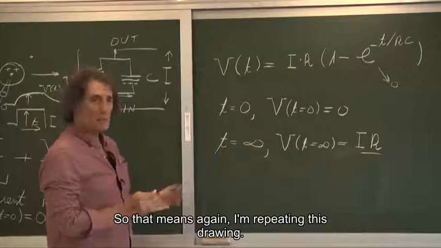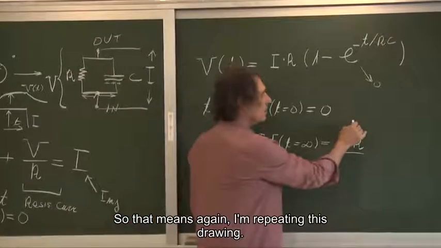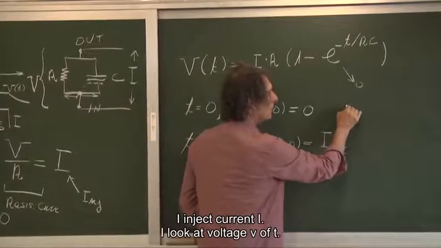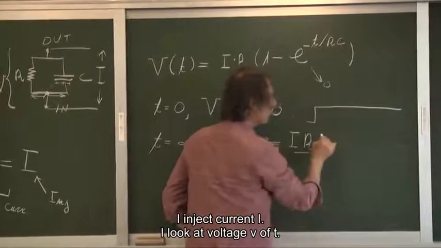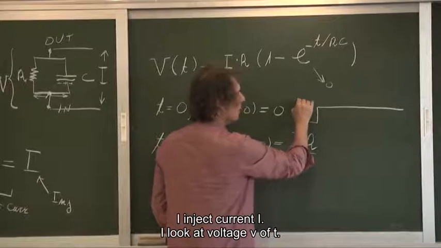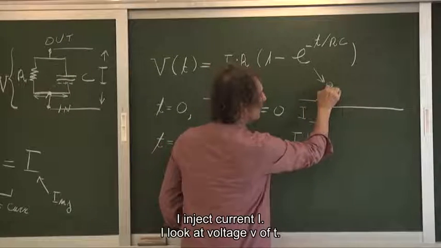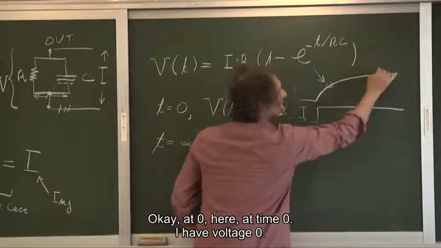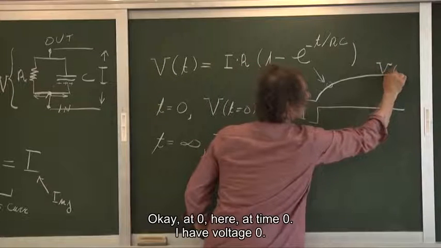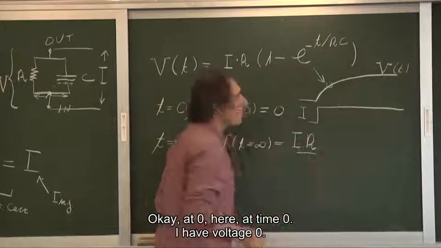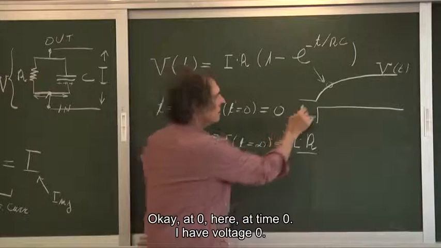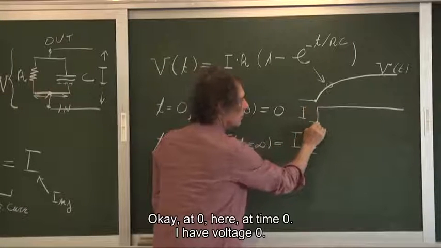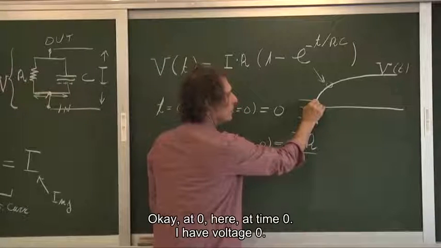So again, I'm repeating this drawing. I inject current I and look at voltage V of t. At time 0, I have voltage 0.